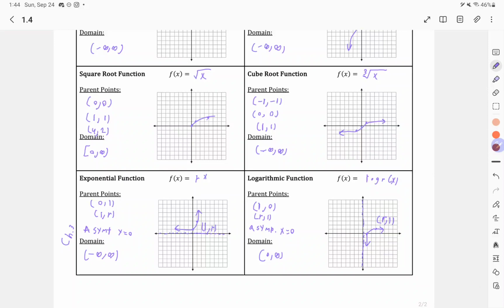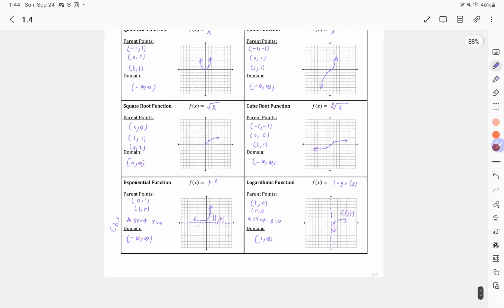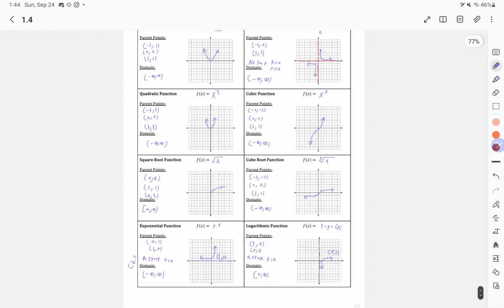And if you have graphed your function to the point where it's surpassing those asymptotes, you have graphed it wrong. Logarithm functions are the same. They go along asymptotes, and if they follow those asymptotes, then they are correct. That is pretty much it for that portion. Let's go back to the review.